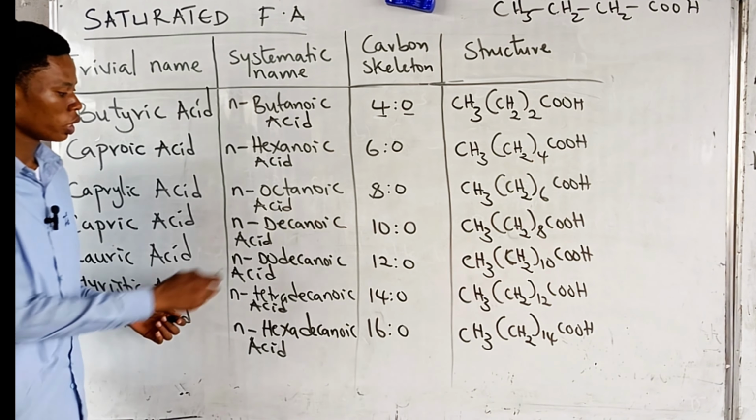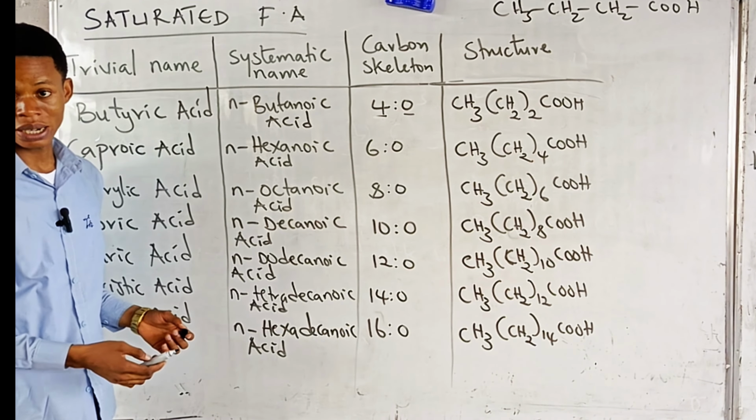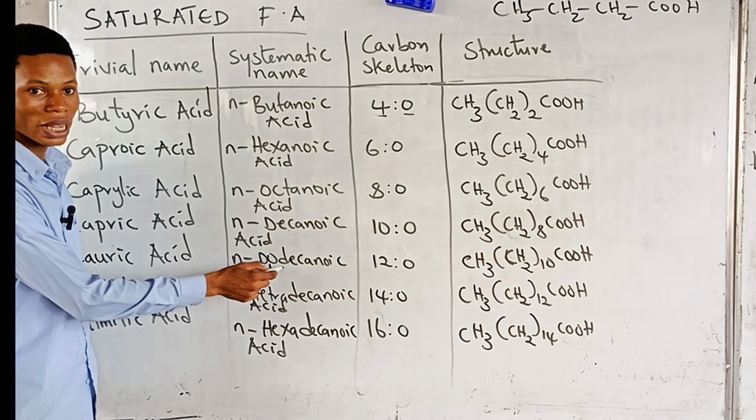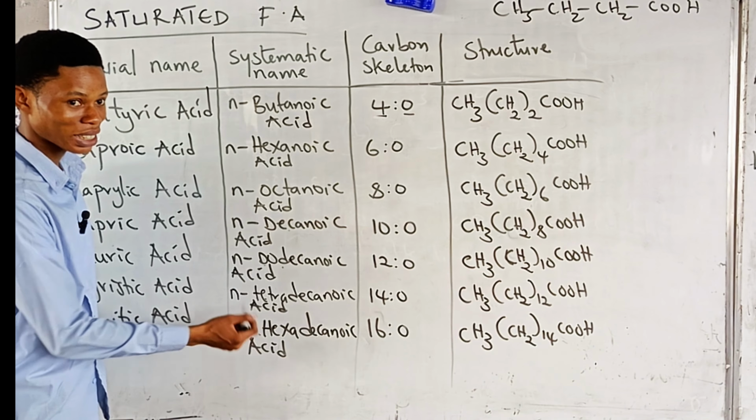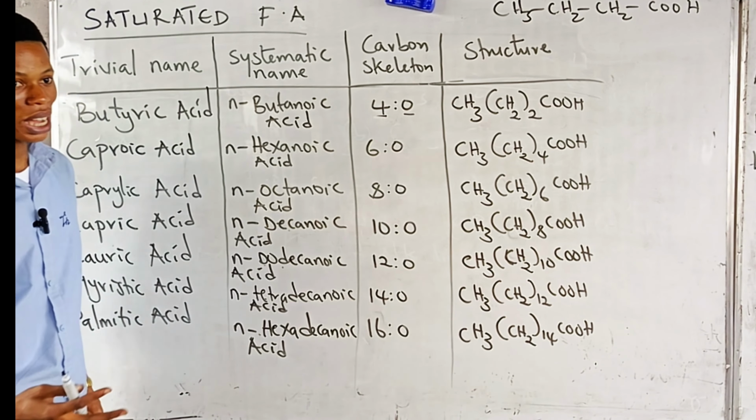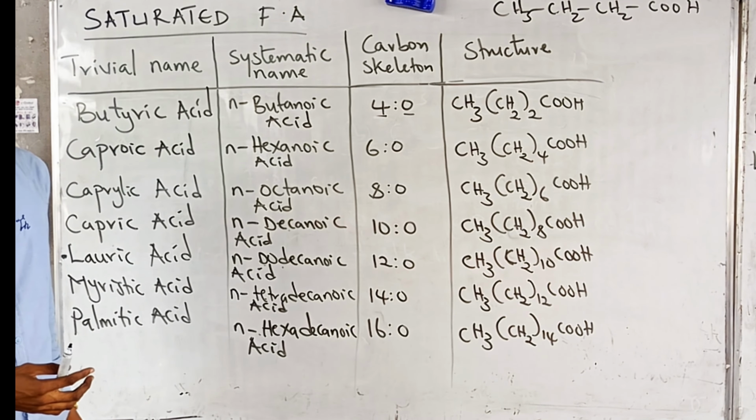16 carbons. And you know, decanoic, deca is 10, right? Deca is 10. Dodeca, 12. Tetradeca, hexadeca, octadeca. 20 will be what?